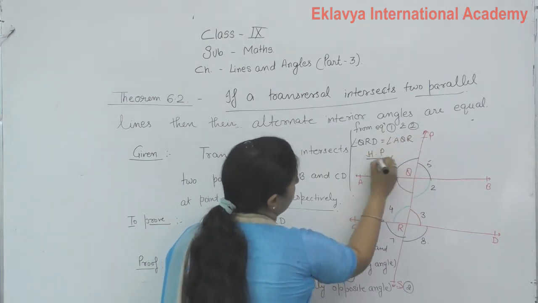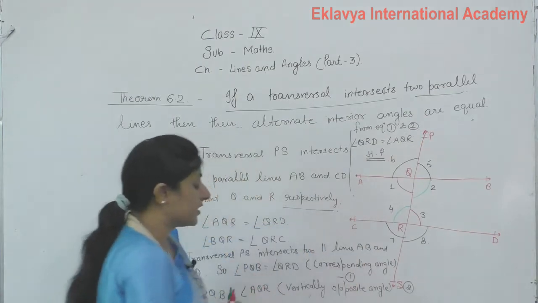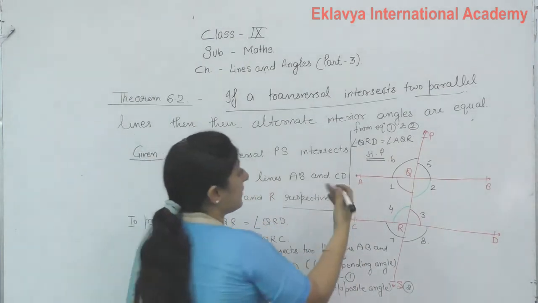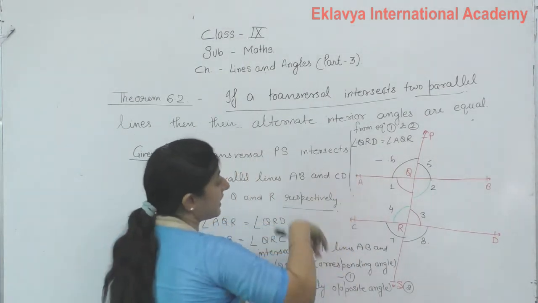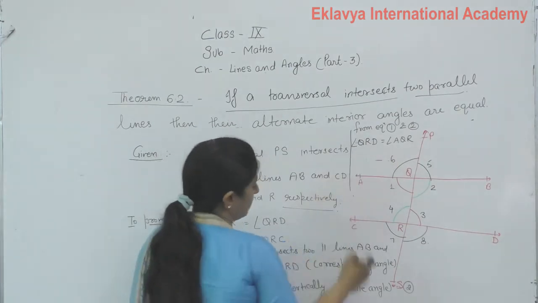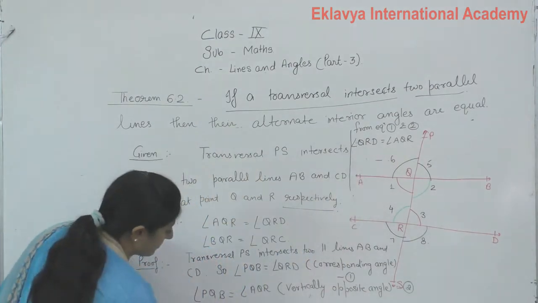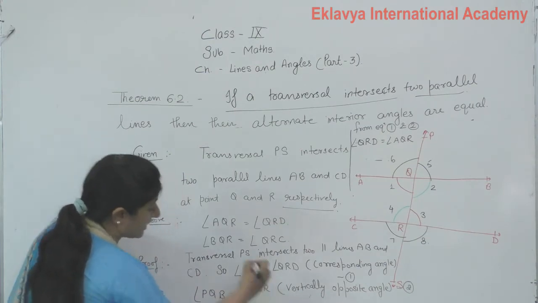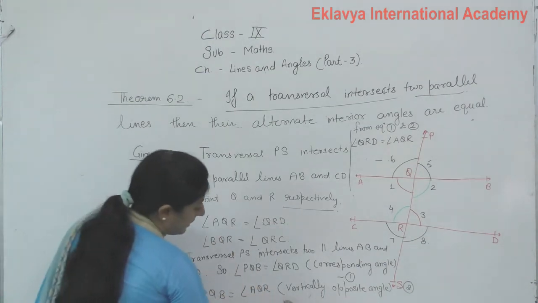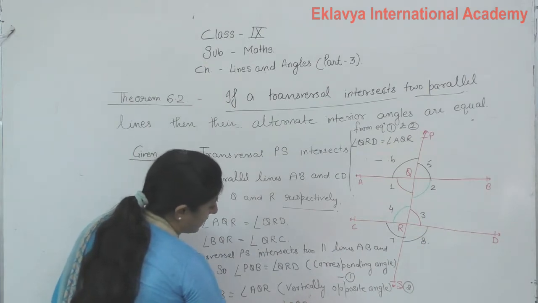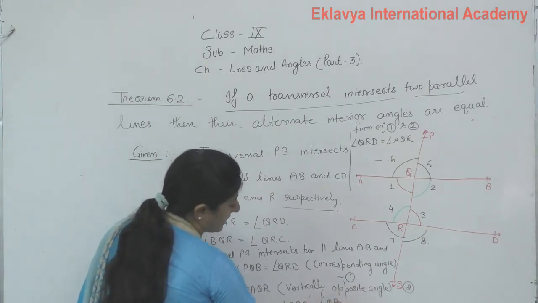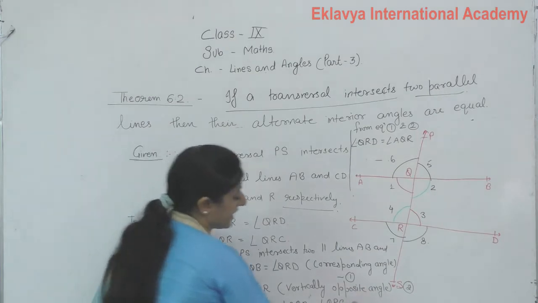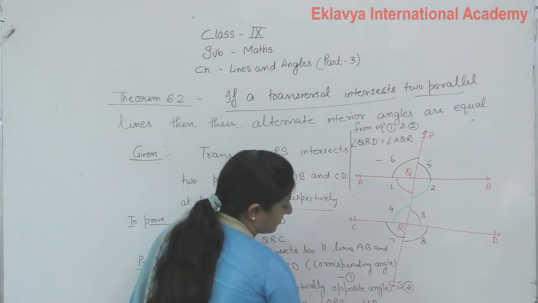Hence proved. This one is proved. Similarly we can write down the next one, BQR is equal to QRC. Then we can write hence proved.